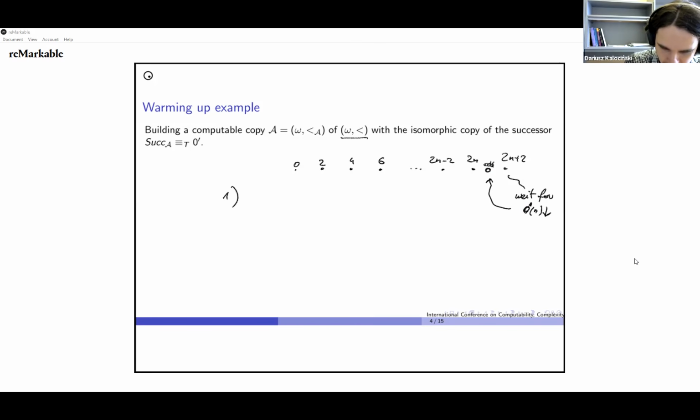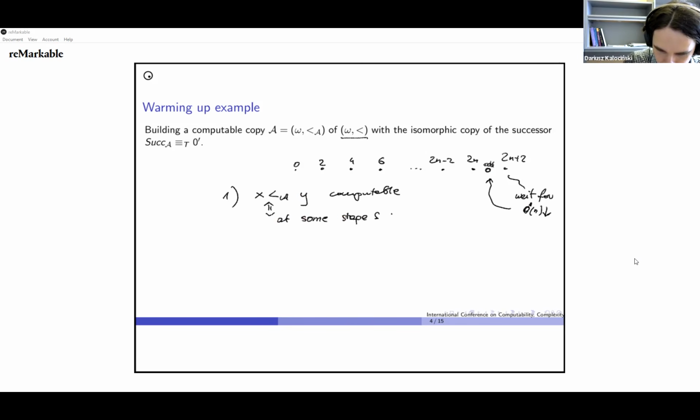And you can easily show that eventually this will be computable, because you just have to wait for an appropriate stage.